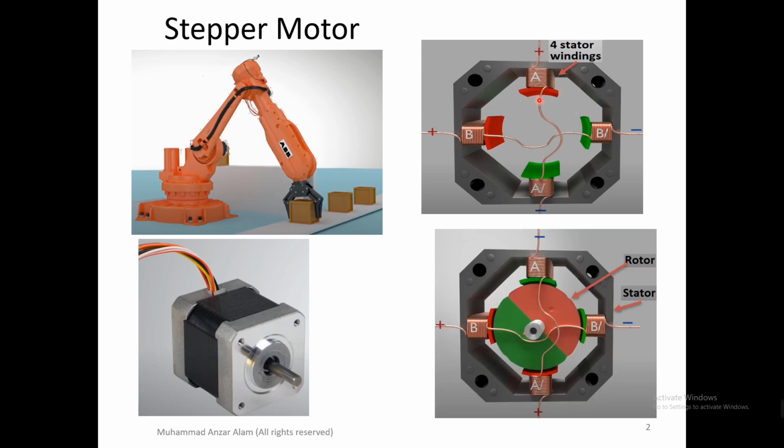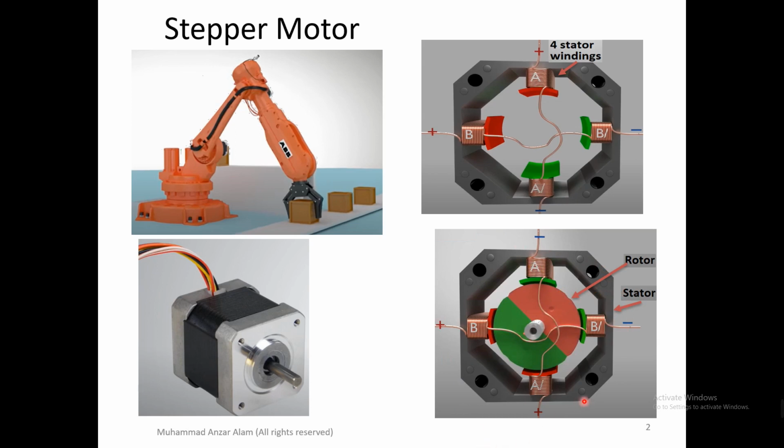Now, in this gap, if we place a rotor, this rotor is a permanent magnet rotor, and we can see this is basically the rotor. And this is, of course, the stator, as we explained before.